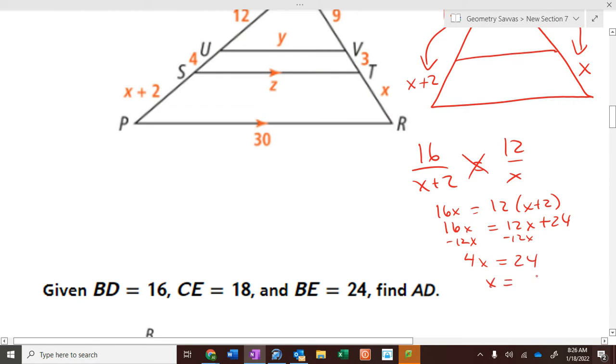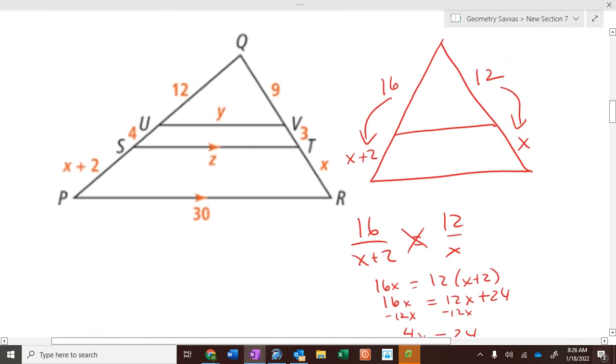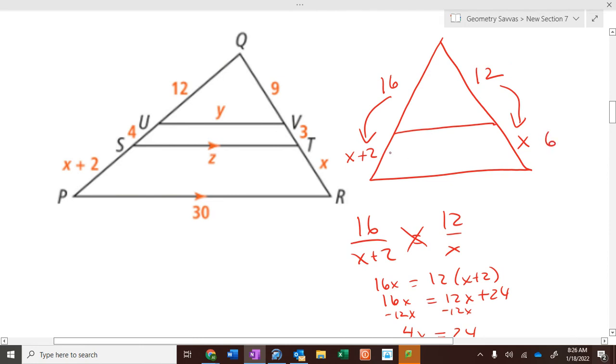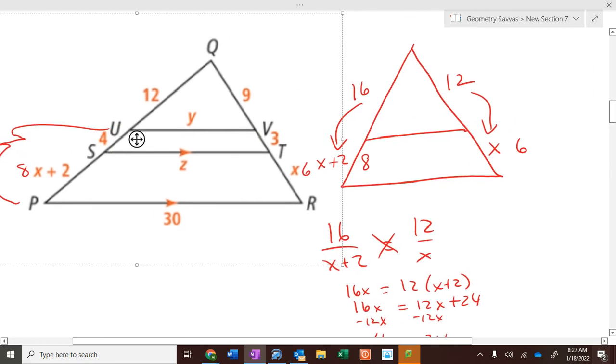So x equals what? 6. x equals 6. So if this is 6, this is 8. What's 8 plus 4? 12. So this part right here is 12. And this part right here is 9.